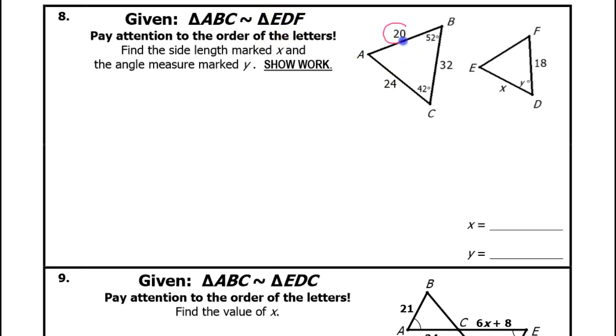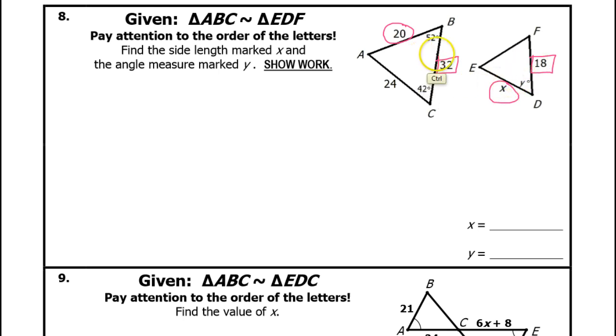So here's AB and here's ED. And then BC corresponds to DF. So here's BC and here is DF. Alright, those are all corresponding.